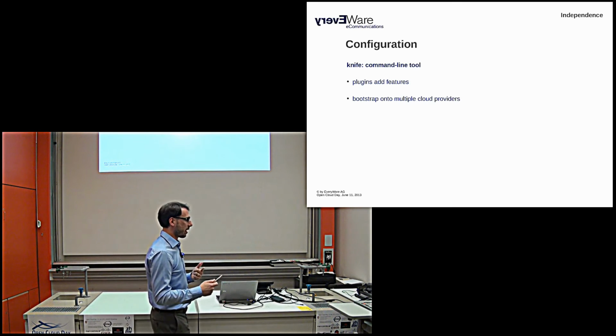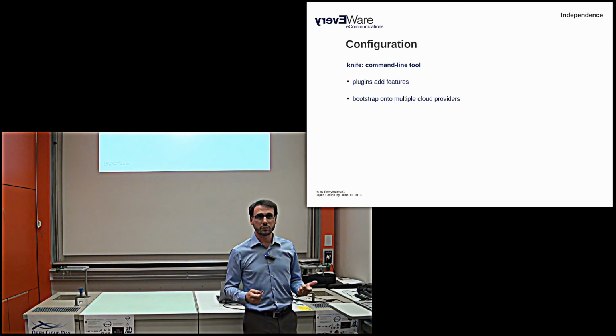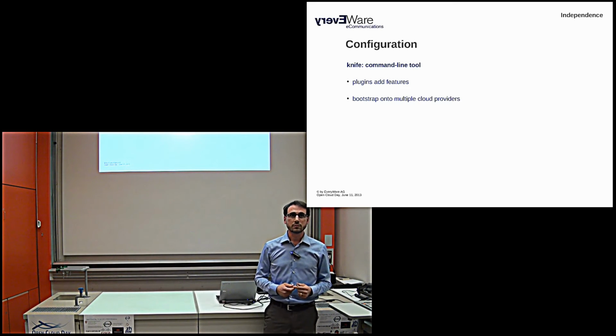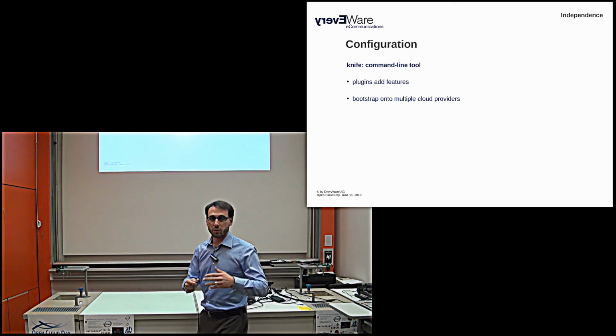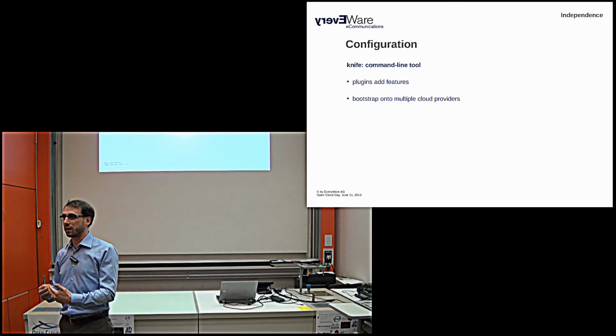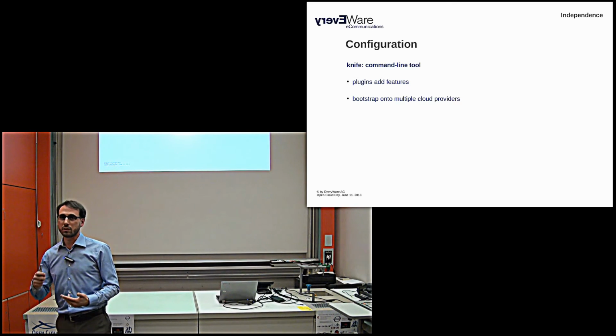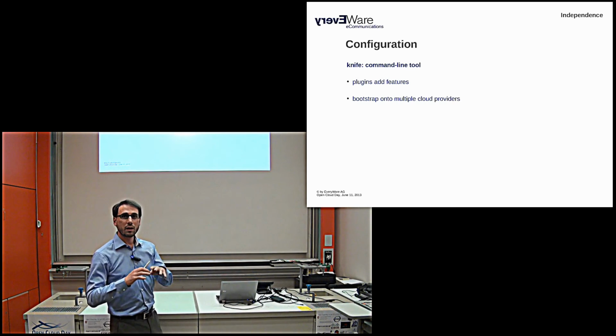If Knife doesn't already do something that you would like it to do, it's modular. You can write a plugin. If, for example, Knife did not already communicate with your API, you can write a plugin that would handle that communication. There are already plugins for EC2, for Rackspace, for Joyent.